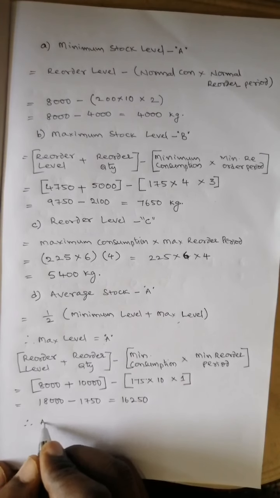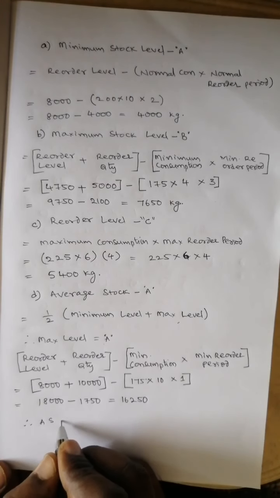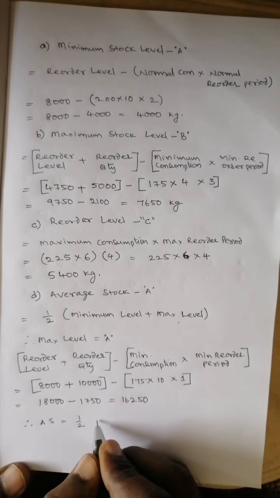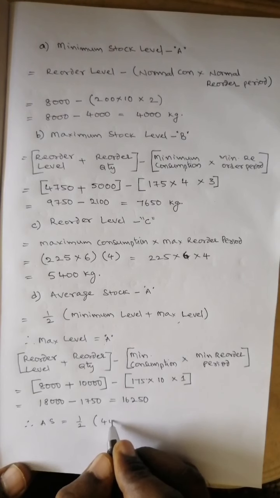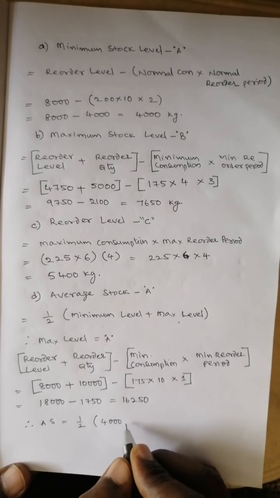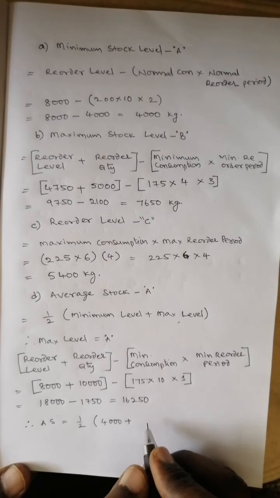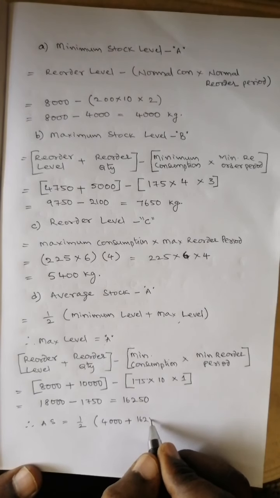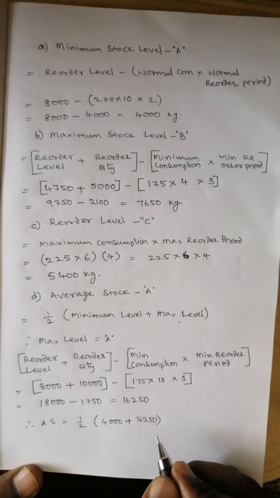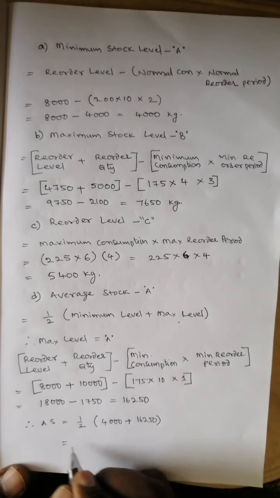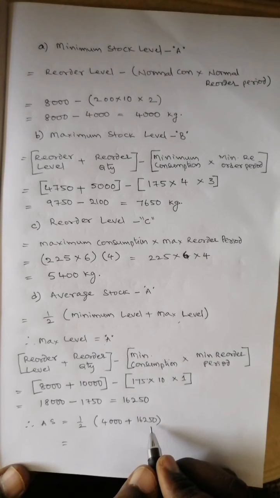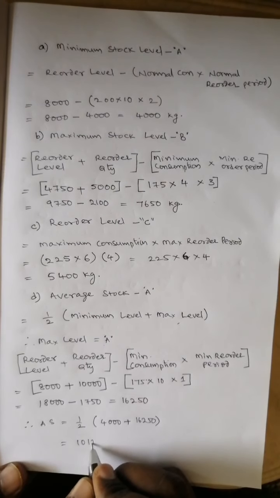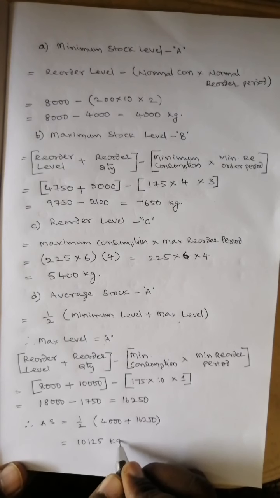Therefore, average stock of A is equal to 1 by 2 of the minimum stock level of 4,000 computed earlier and the maximum stock level of A just now computed, 16,250. So 20,250 divided by 2 means 10,125 kgs.